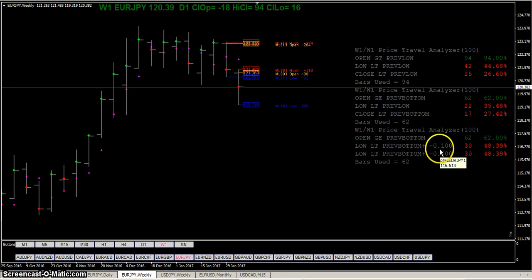So in other words, if you went short at the previous bottom, you would have picked up at least 10 pips 30 of those times, and you could have picked up 50 pips 30 of those times. So that's how that works.